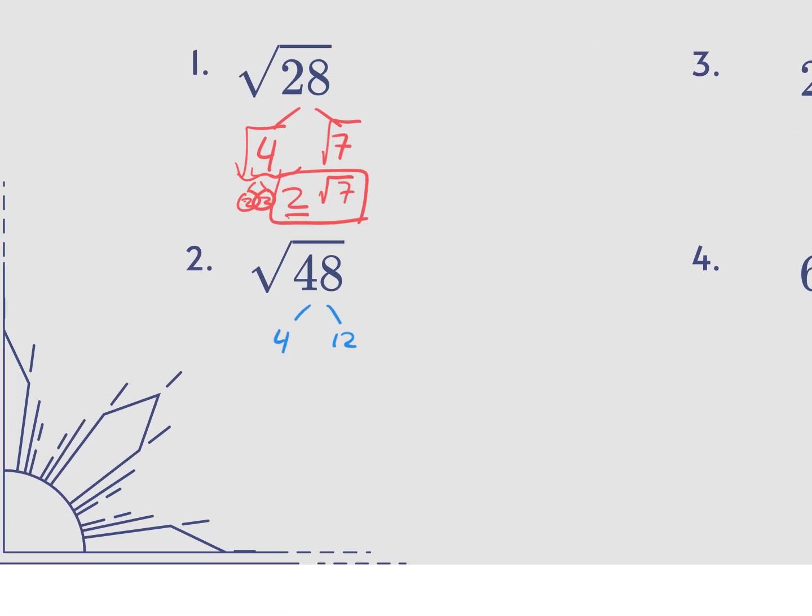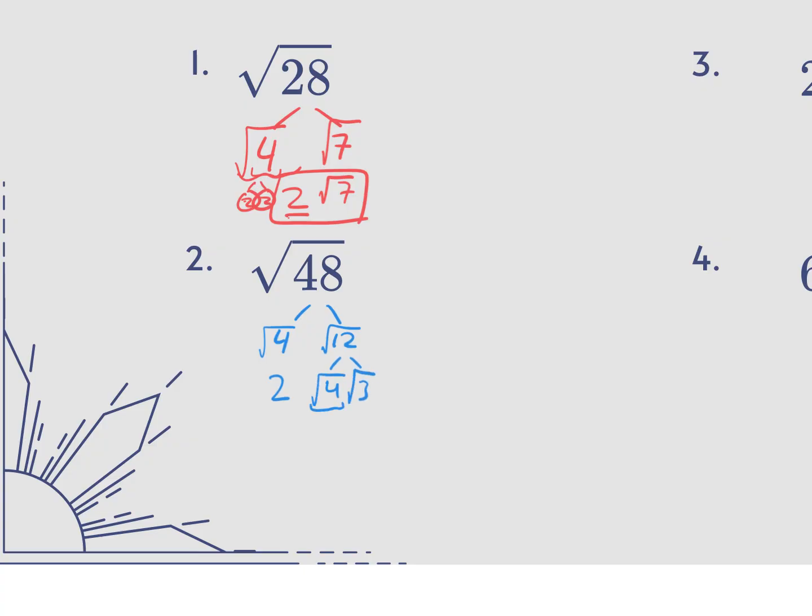And in this case, you also would see that 4 is a perfect square. So let's see if we can work with that, right? Square root of 4, square root of 12. Well, square root of 4, I know that this is 2. Square root of 12, does 12 have any other factors that maybe we could break it up into? It does, right? It has a 4 and a 3. So square root of 4, square root of 3.